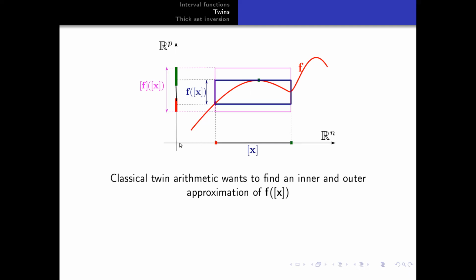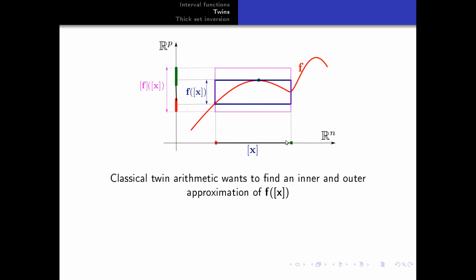Here I try to explain what we want to do with a classical twin interval arithmetic. I have a function f, which is considered as known, and I have an interval or a box for x, a box because I am in Rn. So the image, in the picture, of course, everything is represented as R here and R also in the y axis.